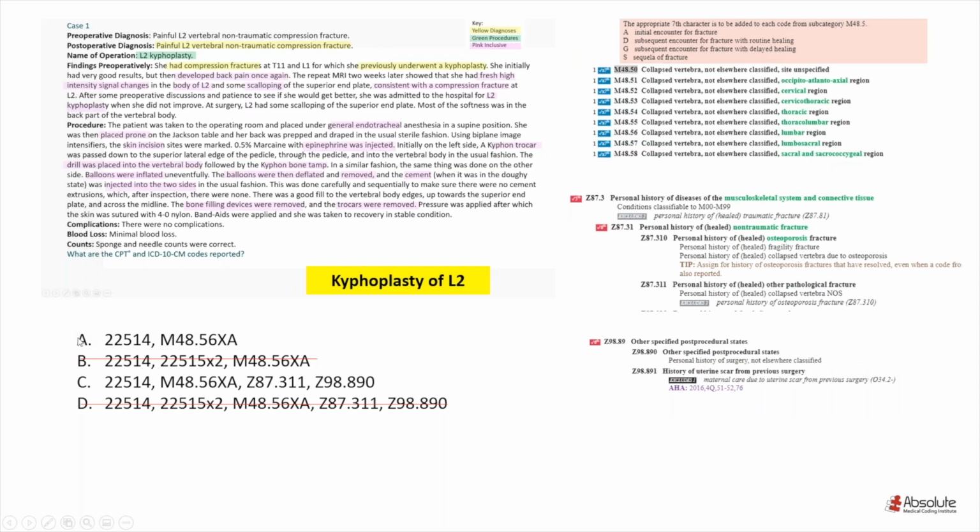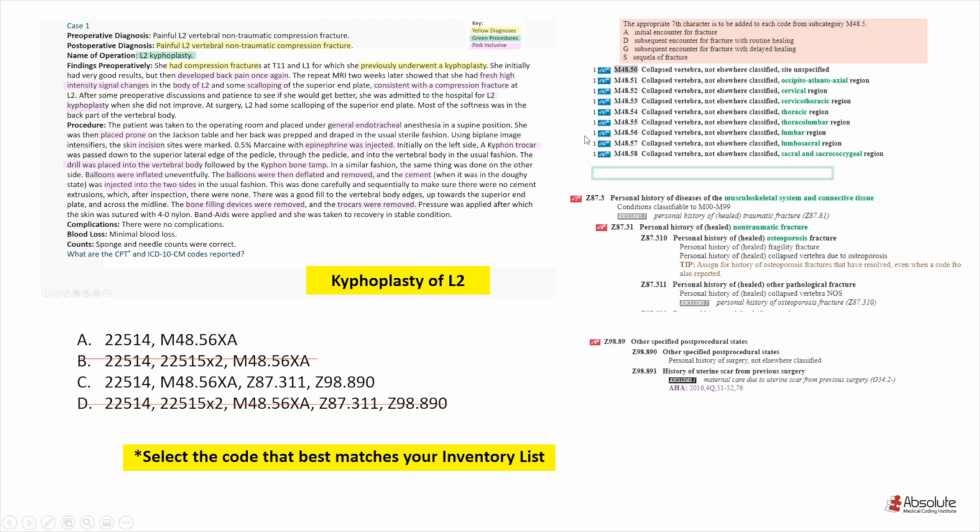Now let's look and see. Both A and C are coding M48.56XA, same diagnosis code. So let's go ahead and find it. This is collapsed vertebra, not elsewhere classified, lumbar region, M48.56. And this is a 7-character code.